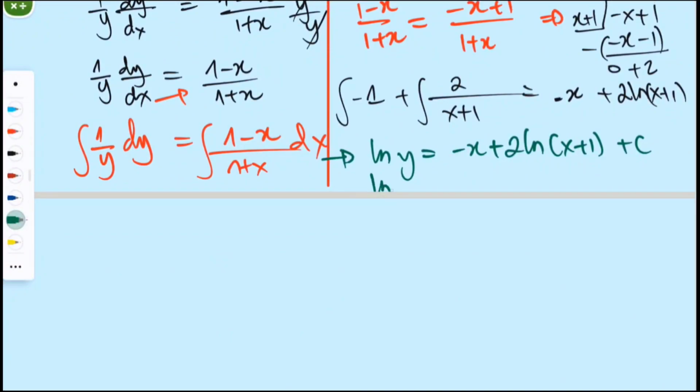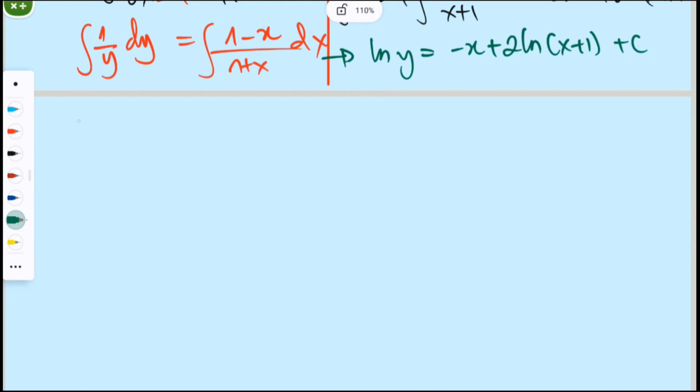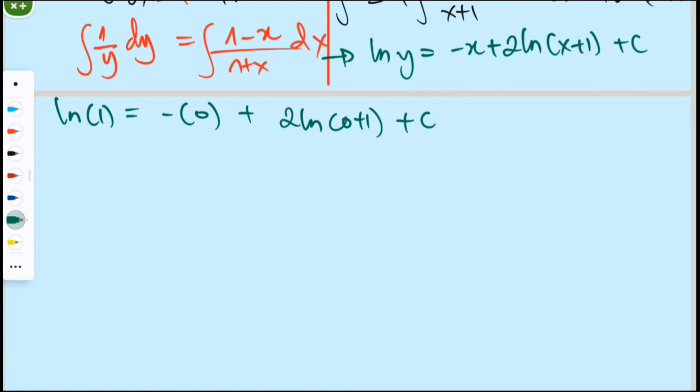So natural log of 1 should be equal to negative 0 plus 2 natural log of 0 plus 1 plus c. Natural log of 1 is always 0, so 0 equals 0 plus 2 natural log of 1 plus c.